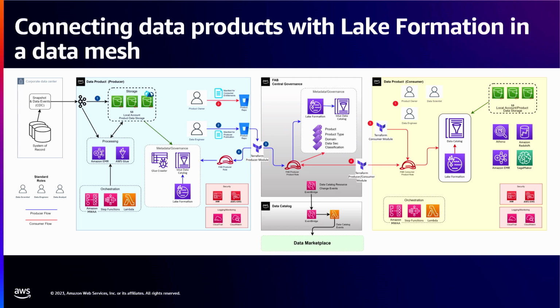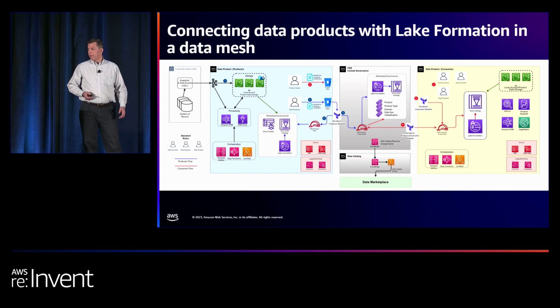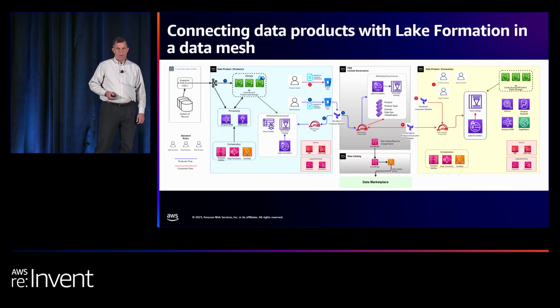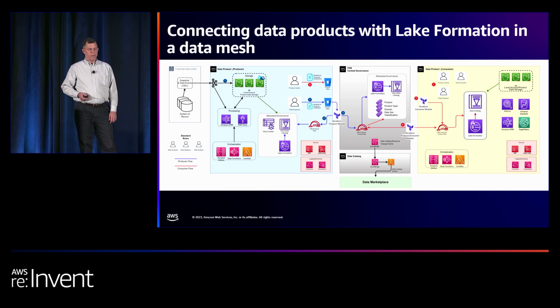And then lastly, there's a producer consumer module that creates the catalog resource, creates the entities in the central governance account, the principals, assigns the tags, and then shares those tags back to the consumer account and sets up the entitlements in the consumer account. So then finally, in the consumer account, you will have catalog entries in your local account that will allow you to see the resources that exist in the producer account.